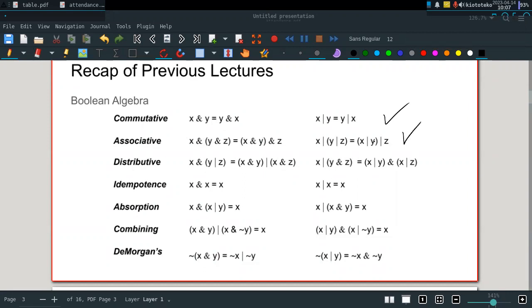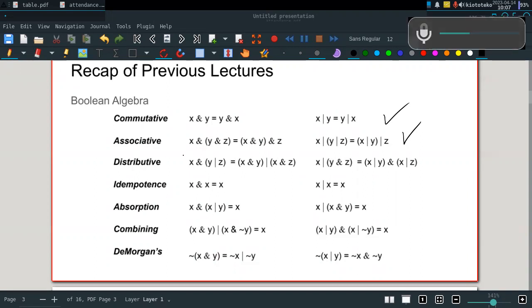But what about distributive? Does it also apply to ordinary algebra? Anyone want to guess? If you replace the ampersand with a multiplication operator and the pipe symbol with a sum operator, do both of these properties apply? Not really, because addition doesn't really distribute like that. Exactly.